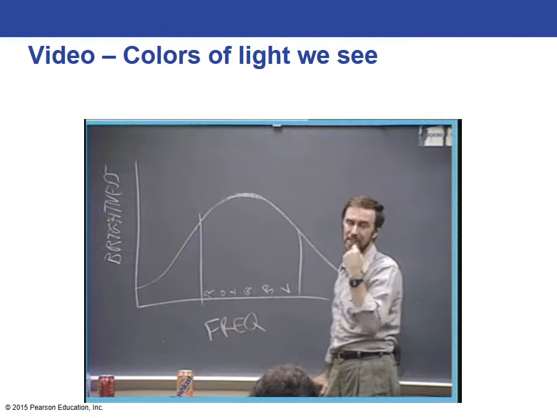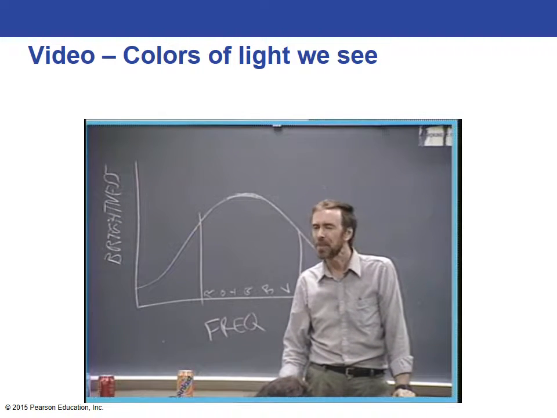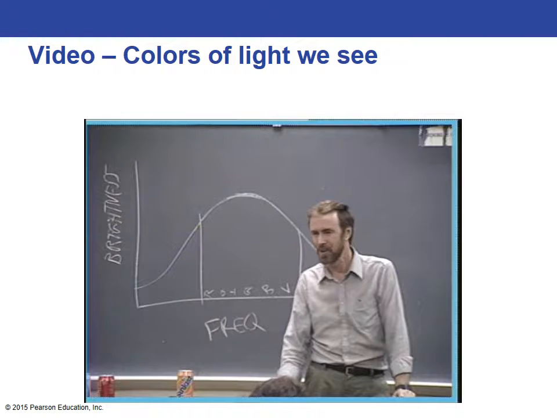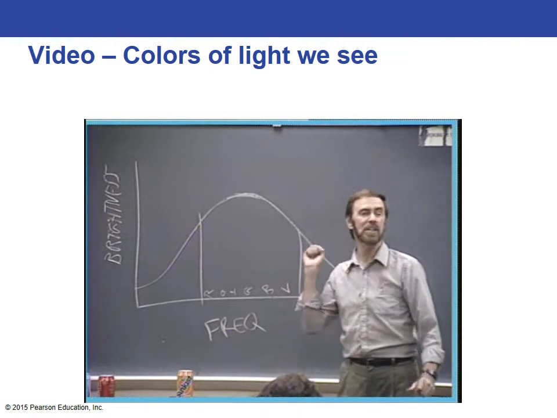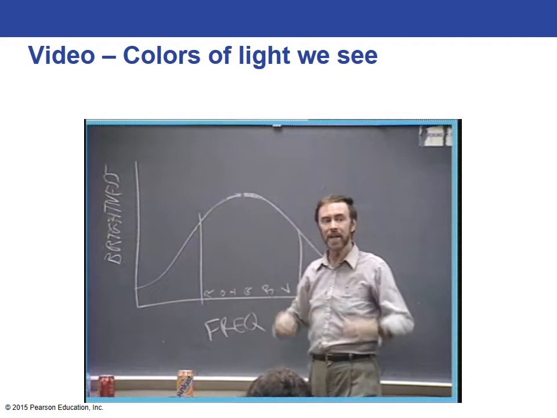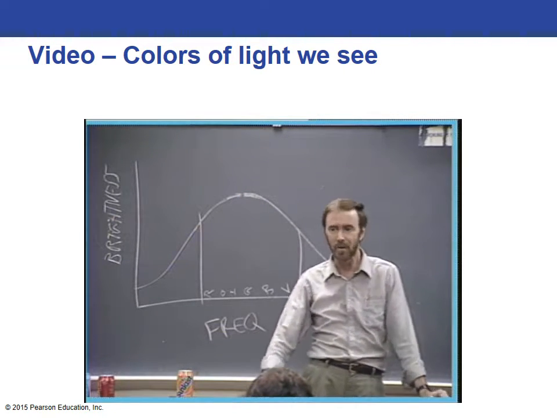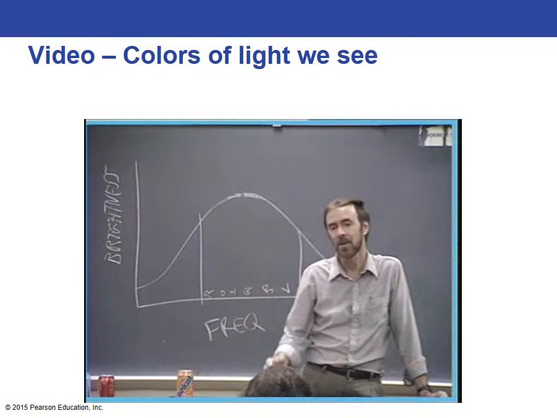When I was a teenager, honeys, I had a chartreuse convertible. You could see that thing 15 miles down the road. Okay? And you know why you could see it so well? Because most of the light from the sun is that color. And guess what we have evolved to see best of all? Take a guess. Yellow-green. We used to call it chartreuse.